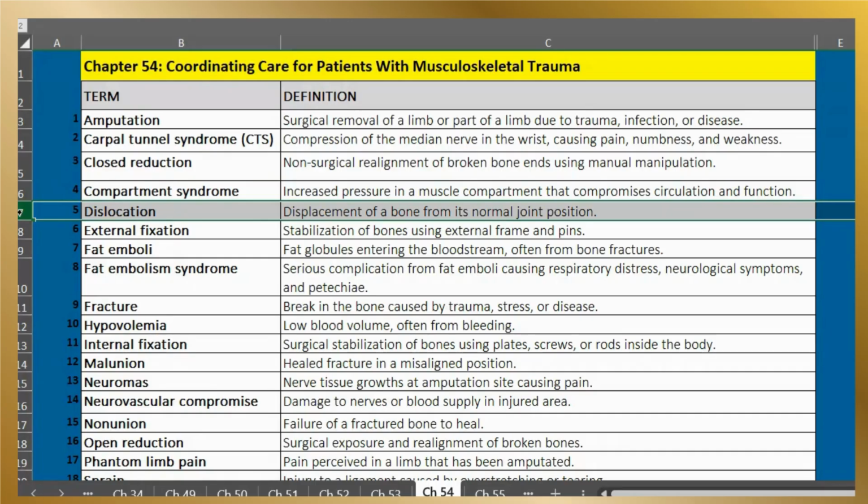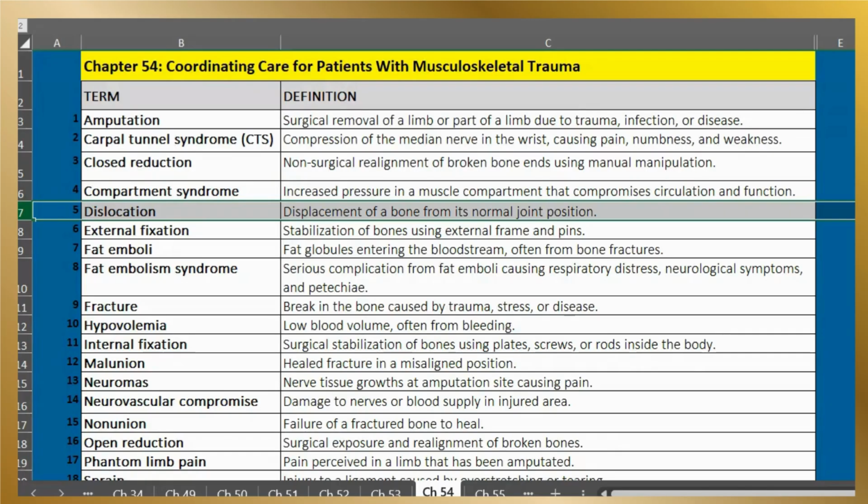Dislocation: displacement of a bone from its normal joint position.